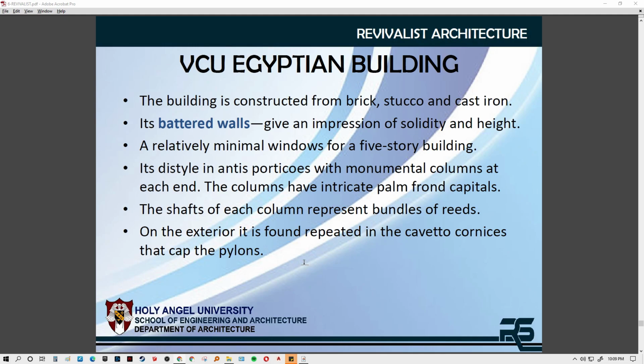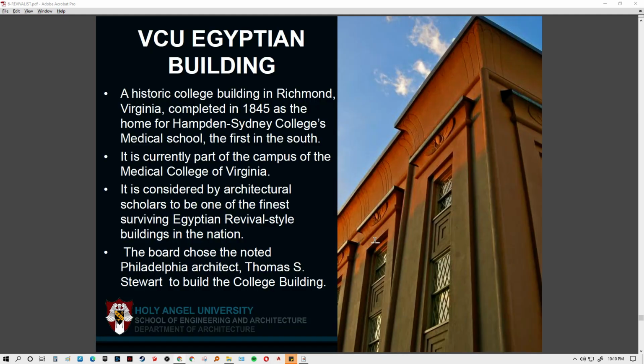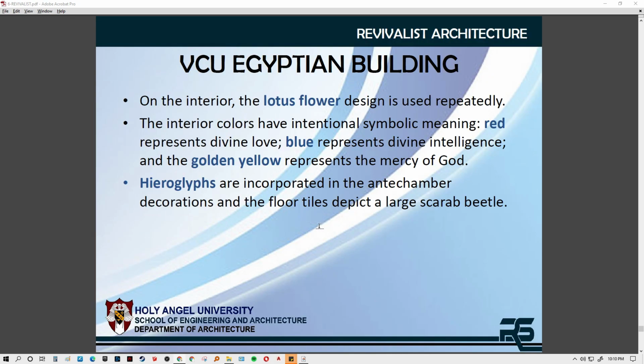It has pylons and cavettos in the cornices. Then the lotus flower motif design is repeatedly used. The interior colors have intentional symbolism: red represents divine love, blue represents intelligence, and golden yellow represents mercy of God.